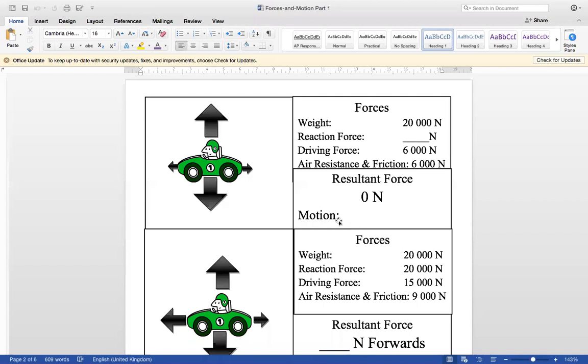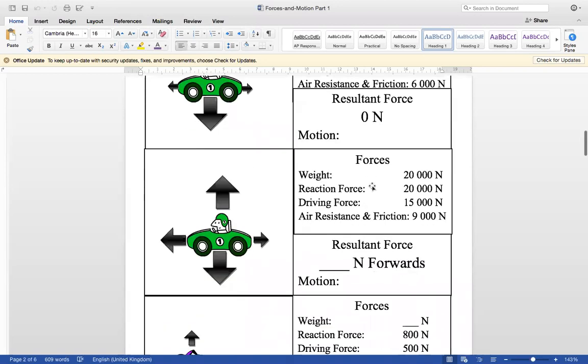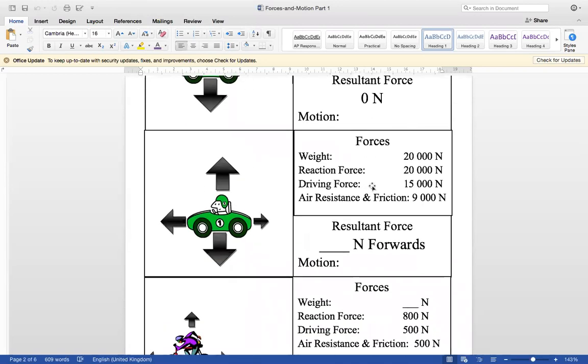Which means what is the motion? What would the motion be? Constant speed. Okay, steady speed. Not accelerating, not decelerating. So same thing here. Now I have weight 20,000, reaction force 20,000, so up and down balance. Even by looking at the arrows, you will know that for the up and down, the forces are the same.